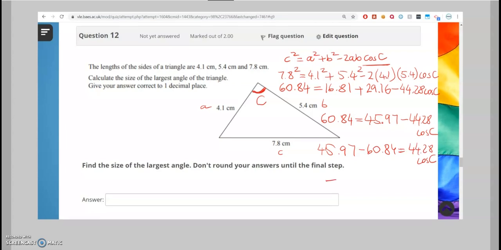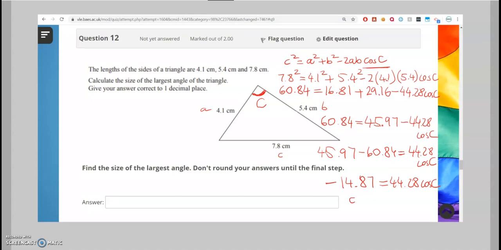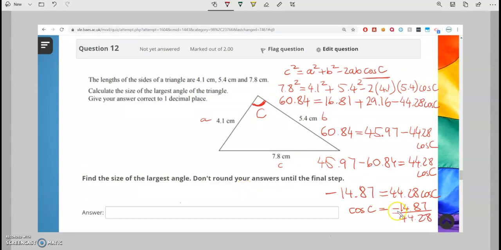So minus 14.87 is equal to 44.28 cosine C. So cosine C will be equal to minus 14.87 divided by 44.28, which you can use a calculator to work out.